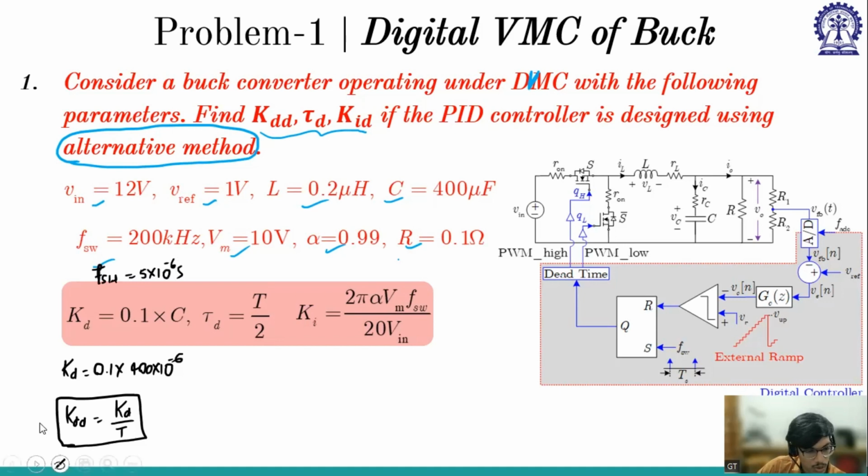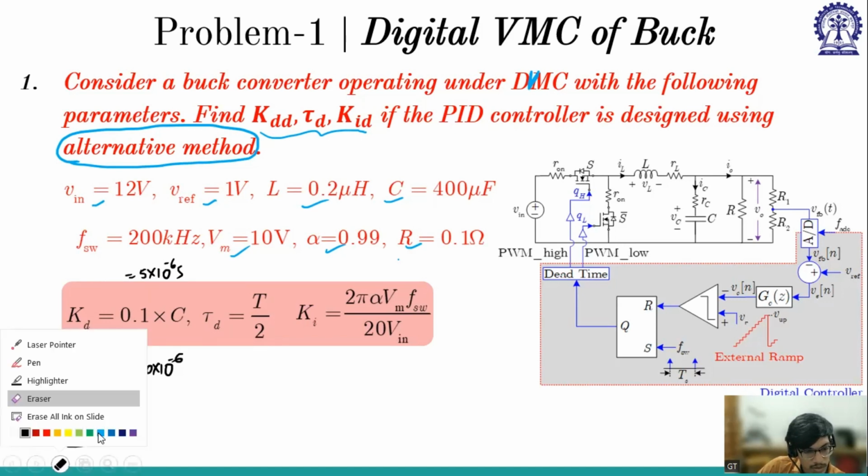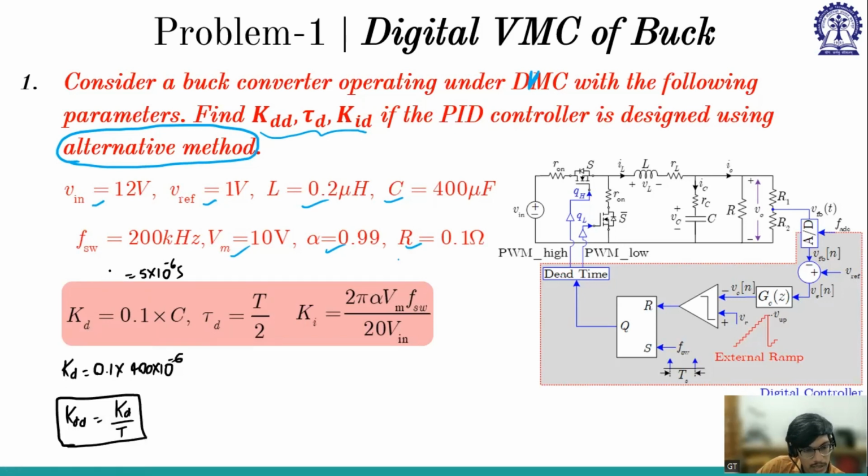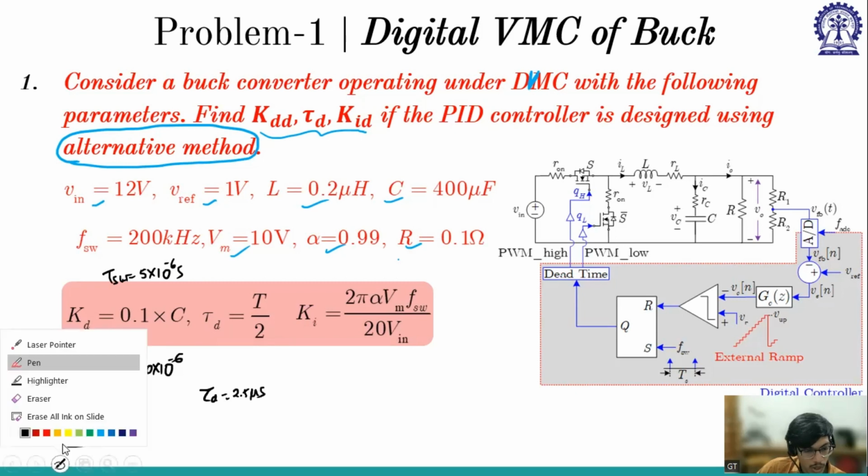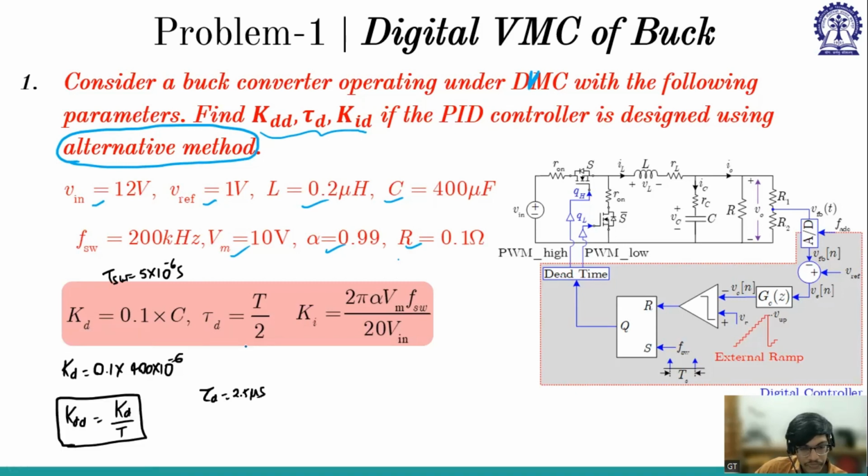So you just have to substitute that TSW into this expression, and we'll get the KDD. And tau D is nothing but T by 2, so tau D is 2.5 microsecond. Now coming back to KI.